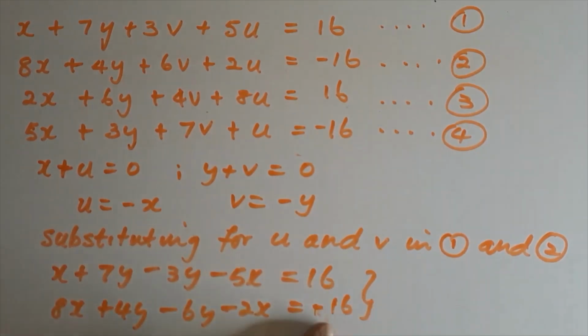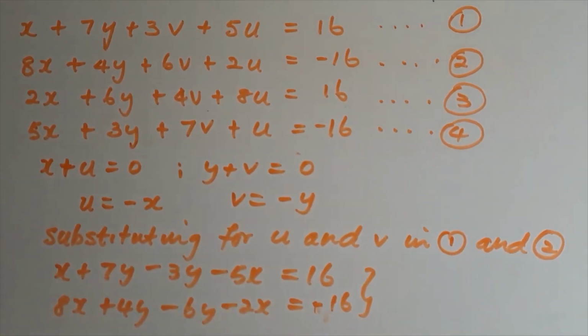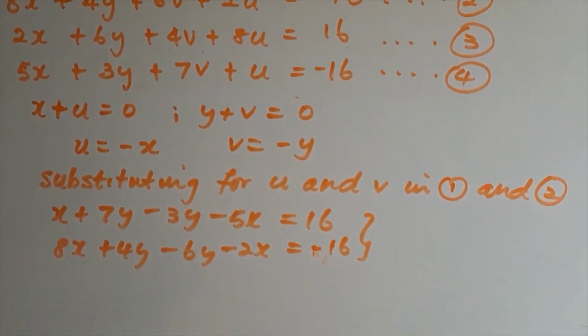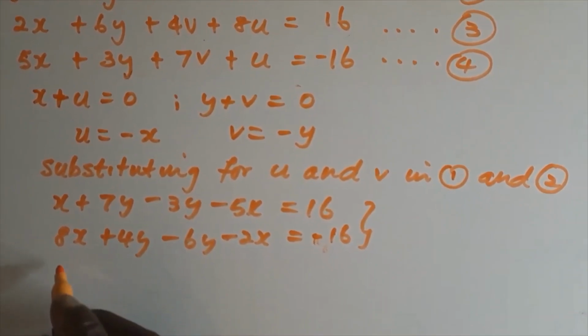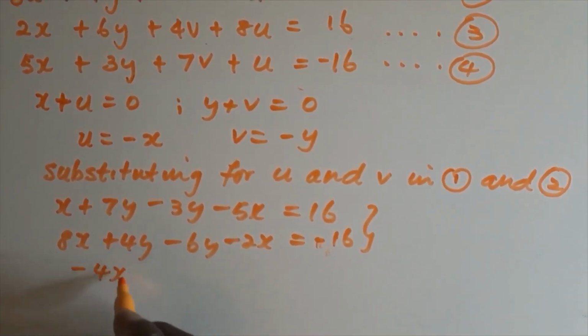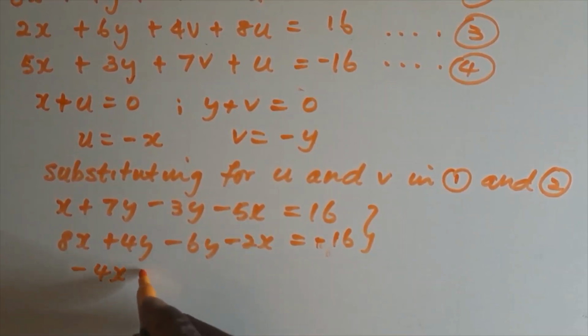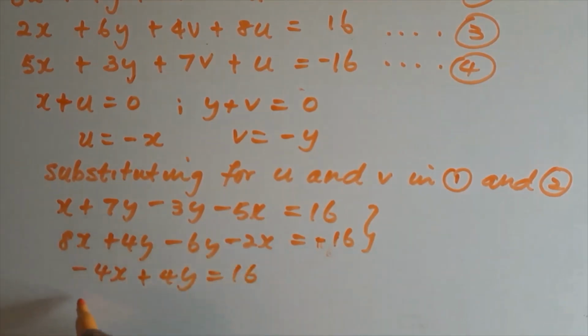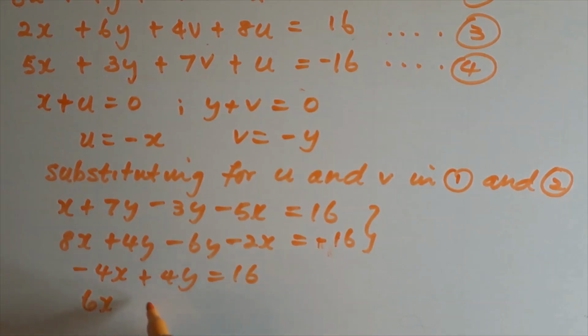When we simplify these two, we have minus 4x add 4y is equal to 16, and 6x minus 2y is equal to negative 16.